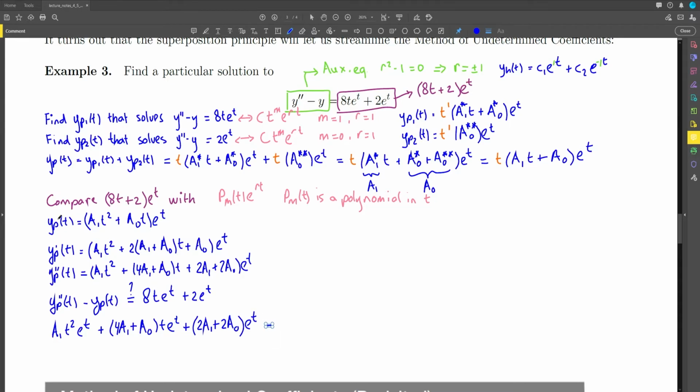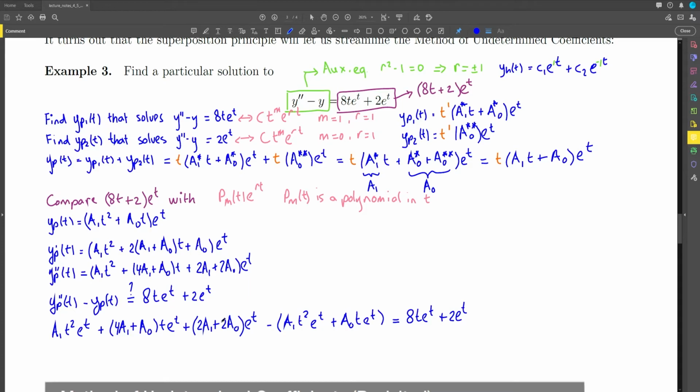And then I'm subtracting y_p of t, and so that is minus a1 t squared e to the power t, and let me also distribute that e to the power t, plus a naught t e to the power t, and that has to equal 8t e to the power t plus 2e to the power t.